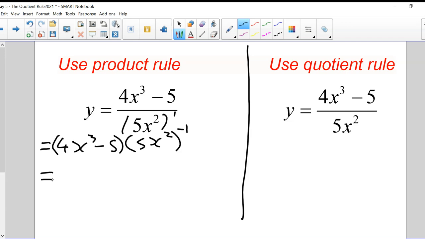To follow what you're saying, I could regard this as 4x^3 minus 5 multiplied by 1 over 5 times x to the -2. I can do that as well, as long as I recognize that the 5 itself also has to be raised to the power of -1, which is the same thing as 1 over 5, by the way.